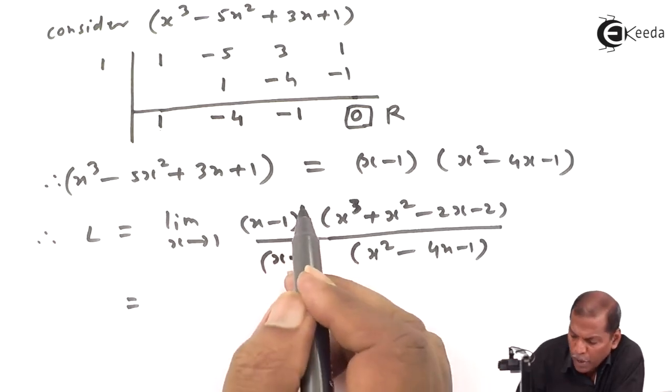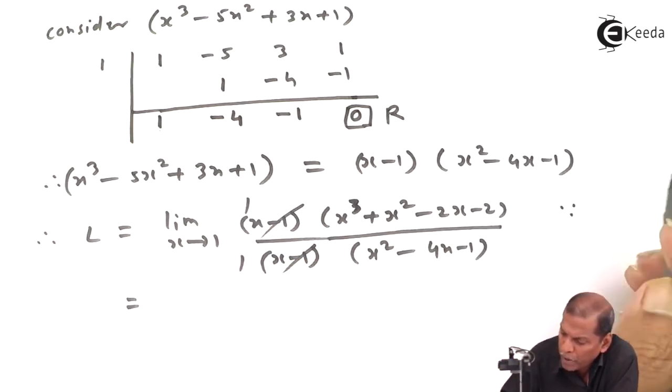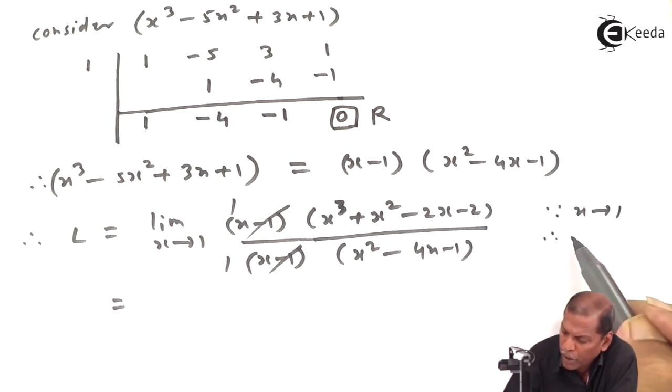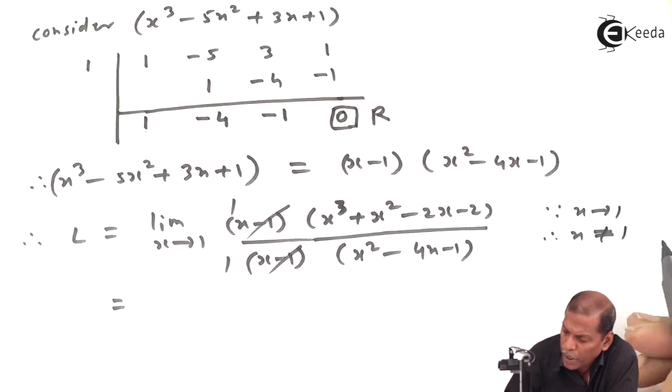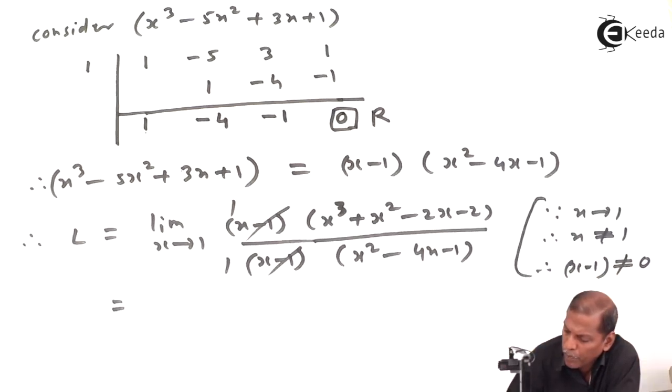Now here we cancel x minus 1 from numerator and denominator, stating the reason that since x tends to 1, it means x is not equal to 1. It means x minus 1 is not equal to 0.